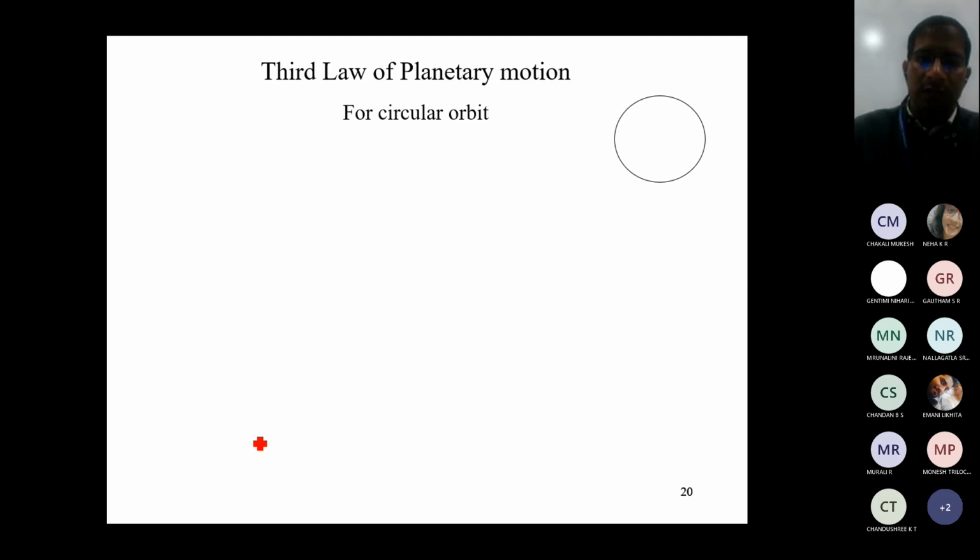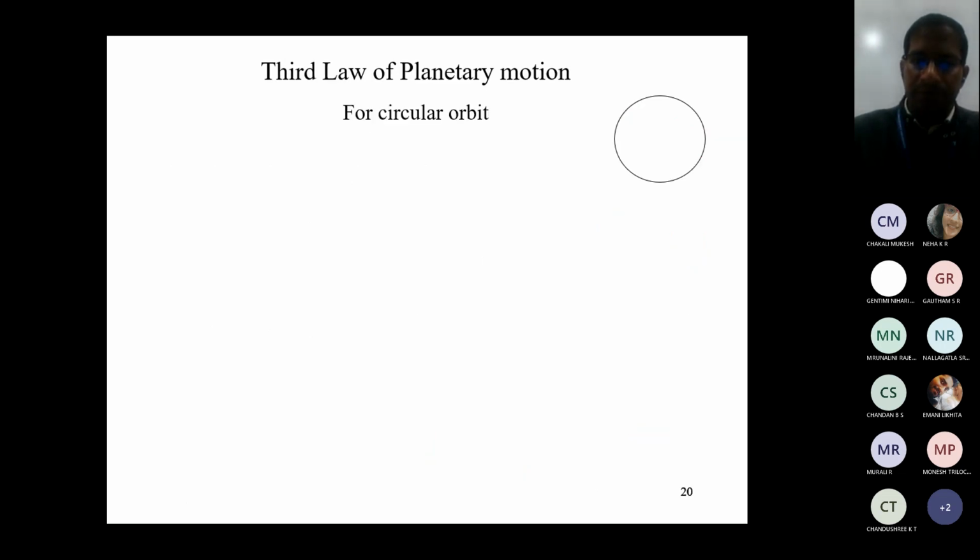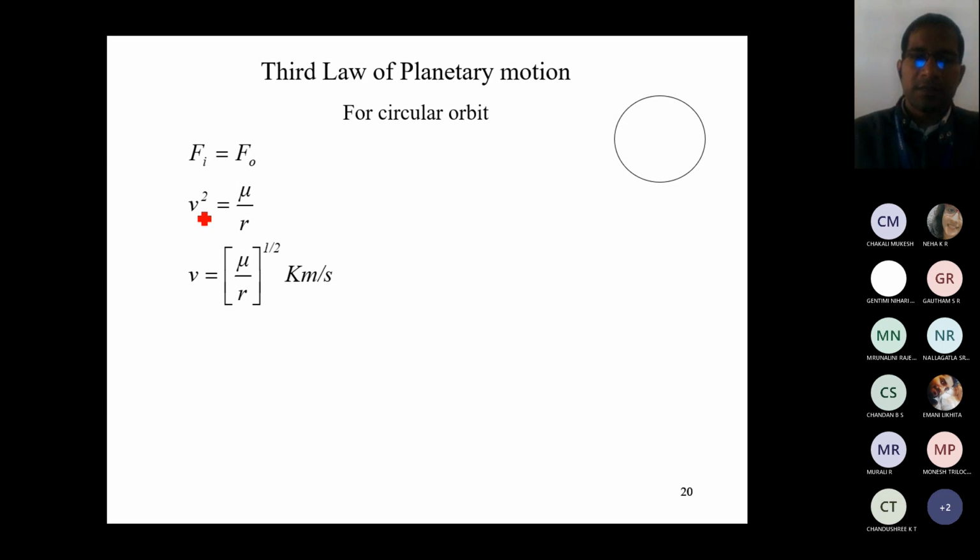So if you balance, you will have V square divided by R is equal to mu divided by R square, because M and M cancel out. So this R and this R will cancel and you will get V square is equal to mu divided by R. So that is what has been written over here.